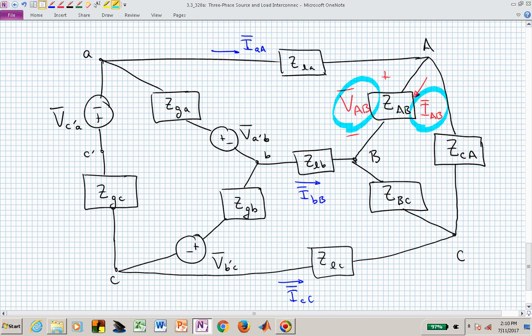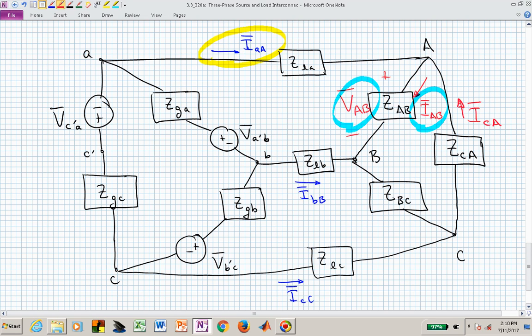Hopefully I'm being consistent here. The A phase load current is I sub AB, and the A phase line current is I sub AA, and those are not the same because we would have to algebraically perform KCL and incorporate I sub CA in with I sub AB to produce I sub AA.